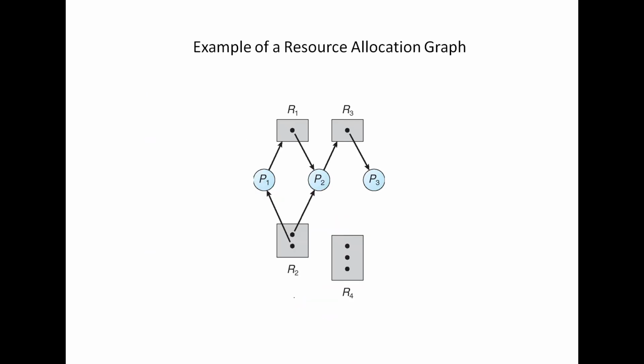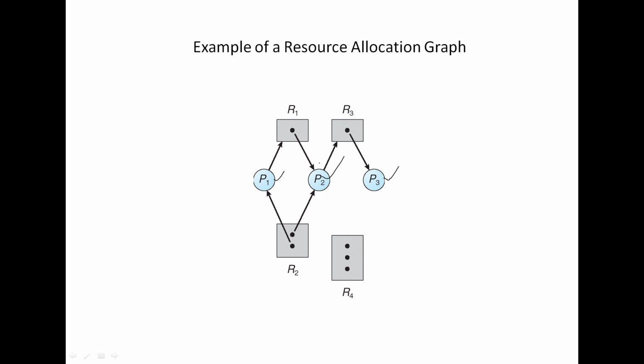Now here we have an example of the resource allocation graph. In this diagram we have 3 processes: P1, P2 and P3. And we have 4 resources R1, R2, R3 and R4. R1 has 1 instance, R2 has 2 instances, R3 has 1 instance and R4 has 3 instances. Now the meaning of this diagram is: P1 is requesting resource R1, and this is a request edge, and this is an assignment edge.